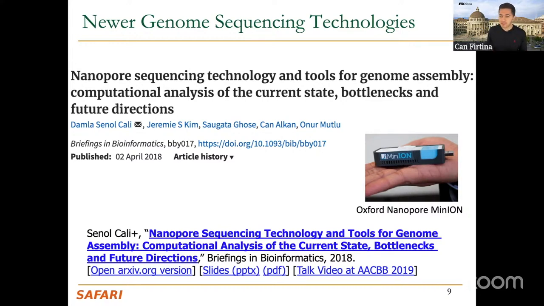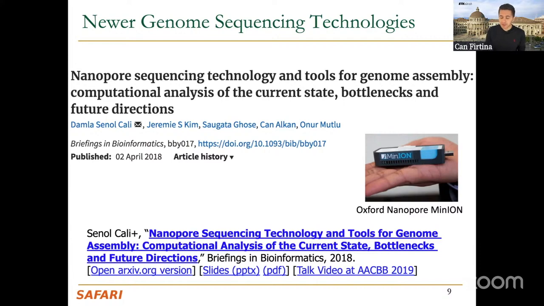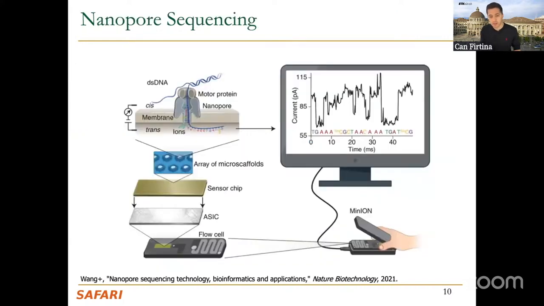And if you're interested in, for example, what we can do with nanopore sequencing technology, there's a relatively recent paper about this. But we will be covering more about this also in this lecture, and I'll be providing you also with more pointers to papers. So let's start with the nanopore sequencing.